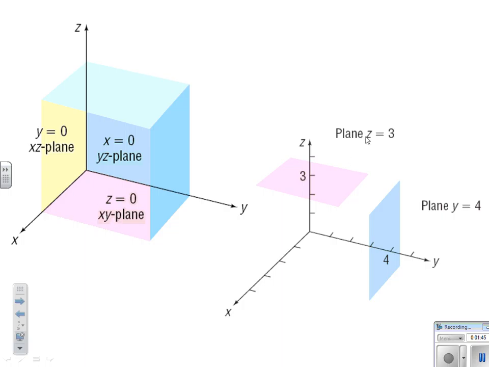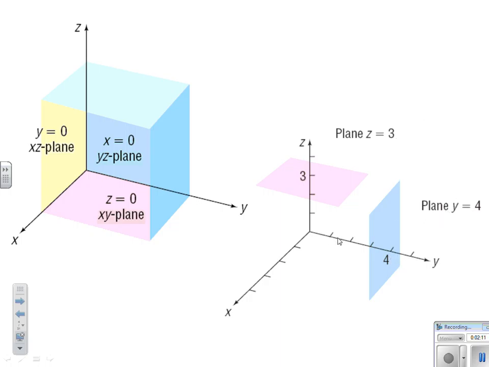When you have z equals 3, you find 3 on your z axis, and all the points that spread out at that z level, all the x and the y values, are the plane z equals 3. Same thing with y equals 4.